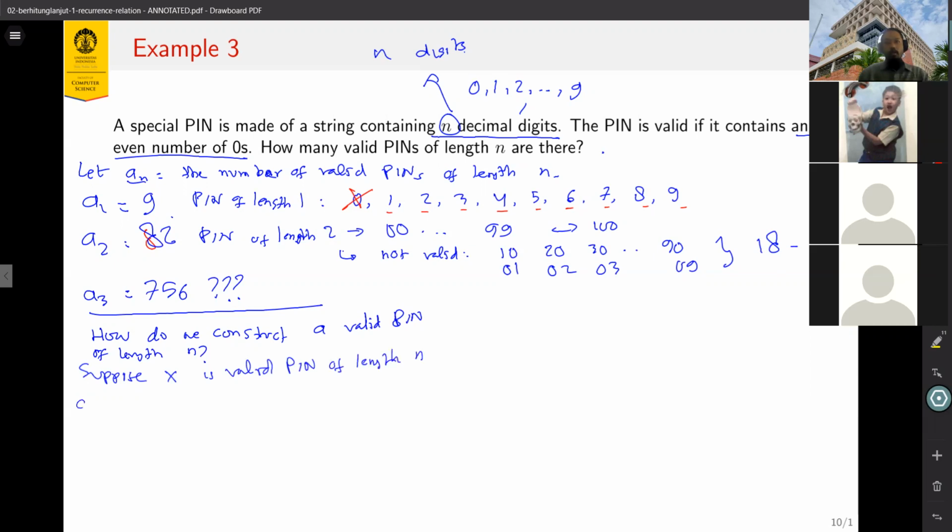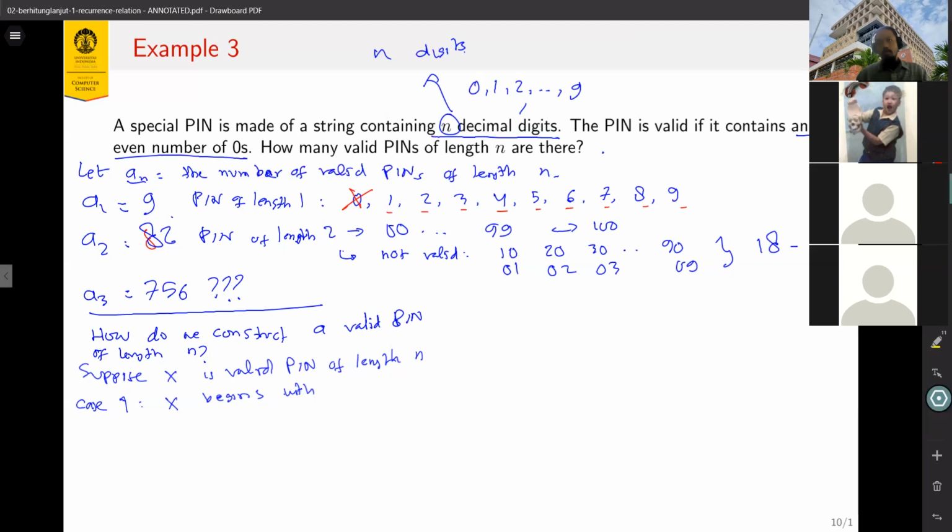Case 1, X begins with 0. Oh no, let's do it this way.